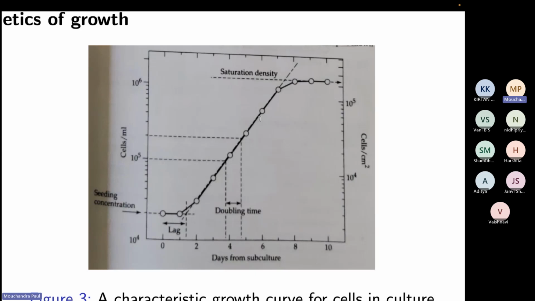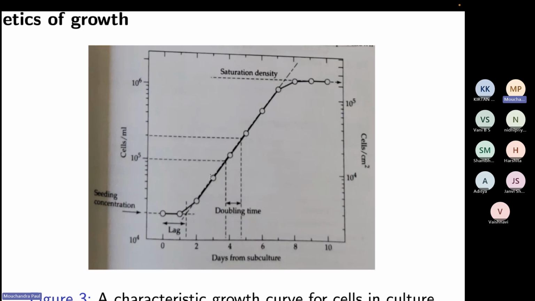So this kind of growth curve can also be seen when you are culturing cells in vitro. Okay, so at say day 0 you have seeded some cell density, say you're starting with 50,000 cells. Okay, so for a few hours you will see some lag phase, and then depending on the cell type, you will see the population doubling time.